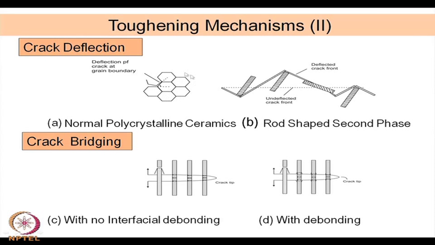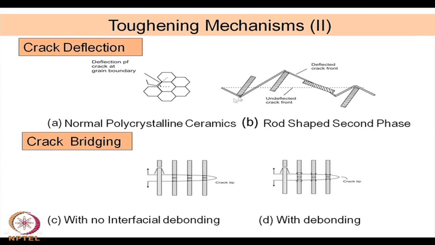Instead of grains like this, you can have a rod-shaped second phase. If you have a dual phase material, then the same thing happens as in the case of glass ceramics we have just discussed: you have the presence of a second phase either in the form of a rod or a fiber, or in the form of particulates, that means more circular or regular-shaped particulates.